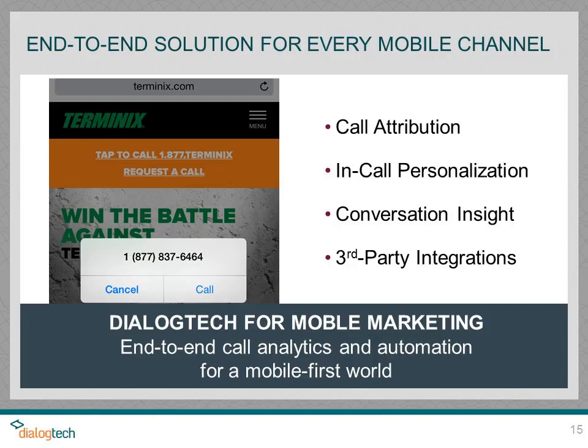Those are call attribution; in-call personalization, the ability to control where calls go during the call, real-time control and personalization of phone calls; conversation insights, which allows you to analyze exactly what happened on calls; and third-party integrations, where you're passing your valuable call data into the various platforms you use as a marketer to track and optimize your spend.